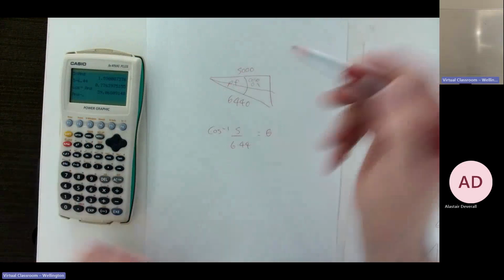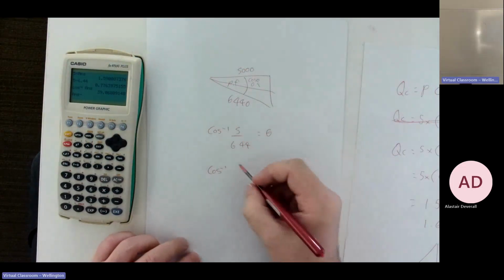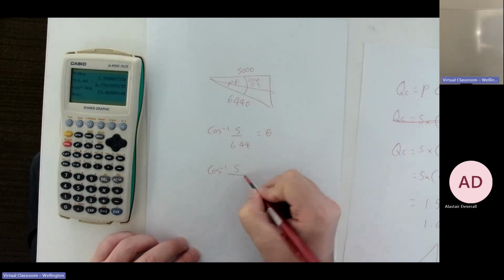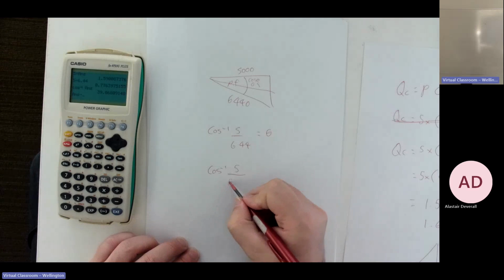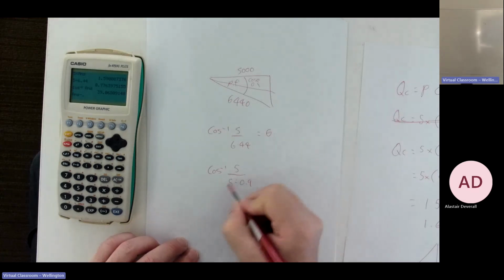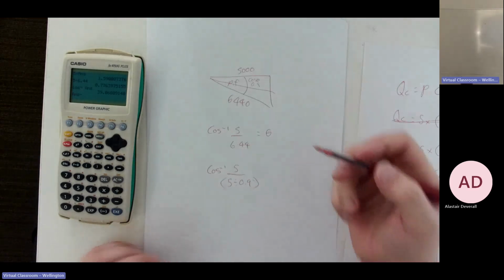So minus cos to the minus 1 of 5 divided by 0.9, because that's our new cos theta for calculating our VA.